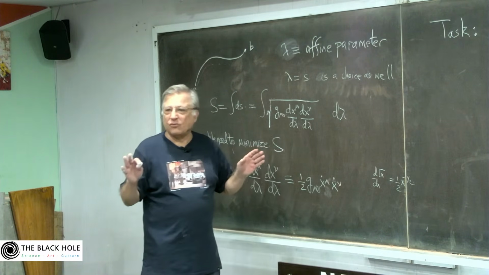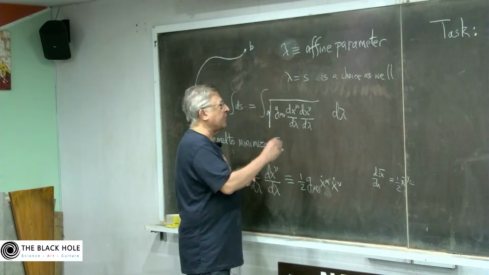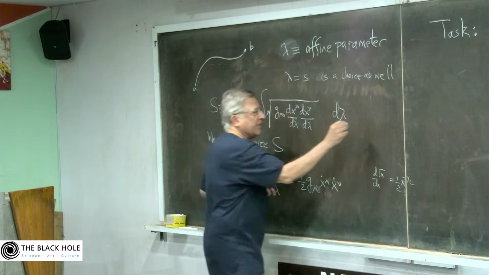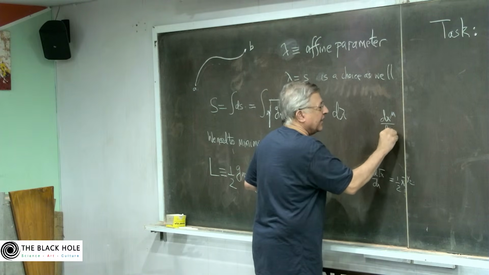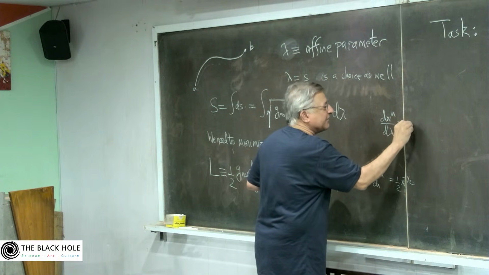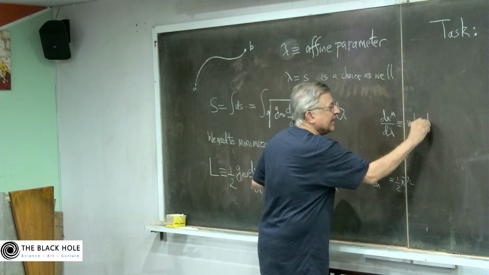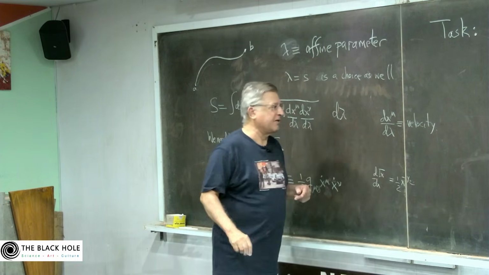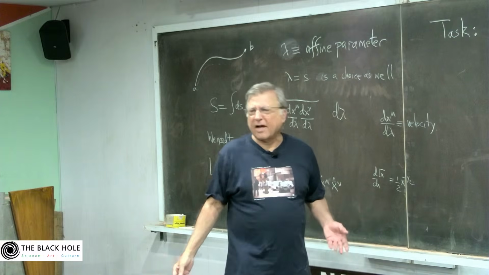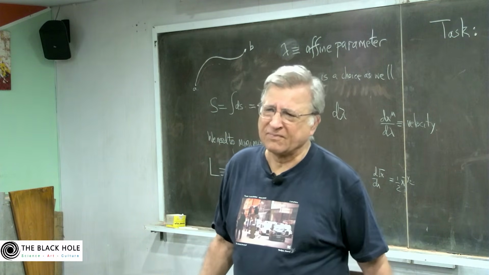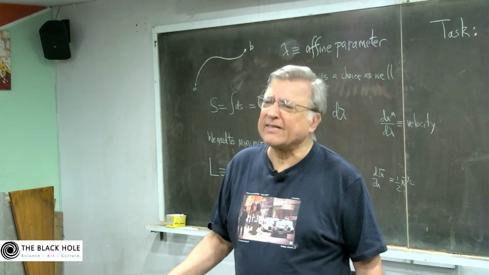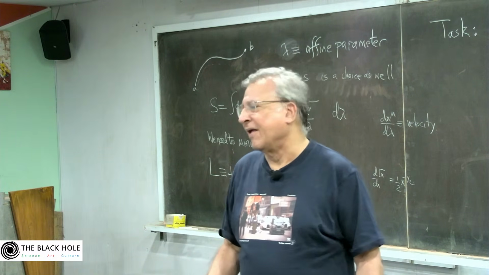Whatever you want, I am going to call this the velocity. In fact, the velocity vector. Velocity doesn't always have to be with respect to time. It can be with respect to something else. It's just a different name.